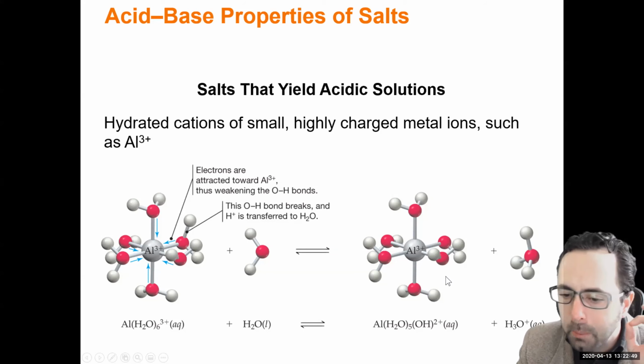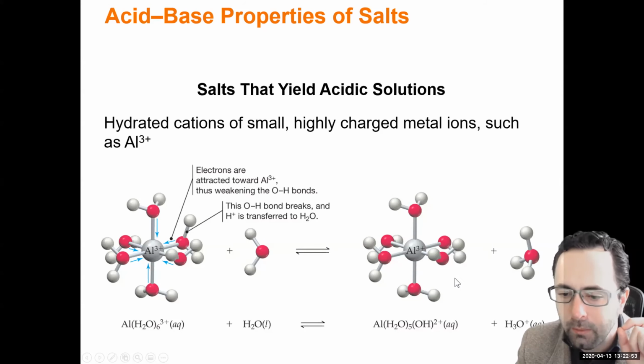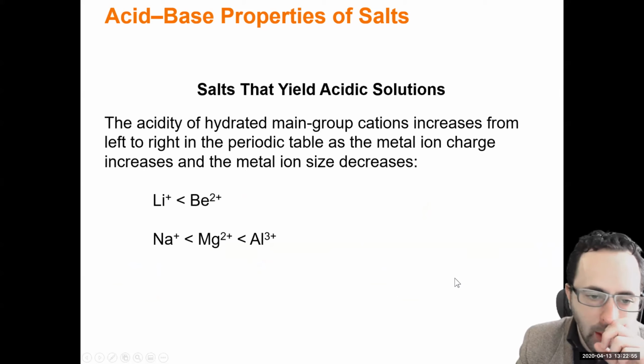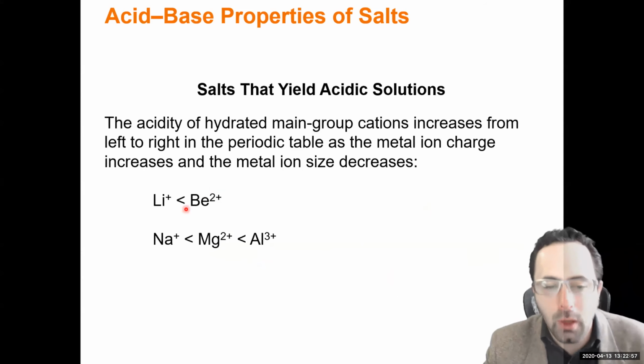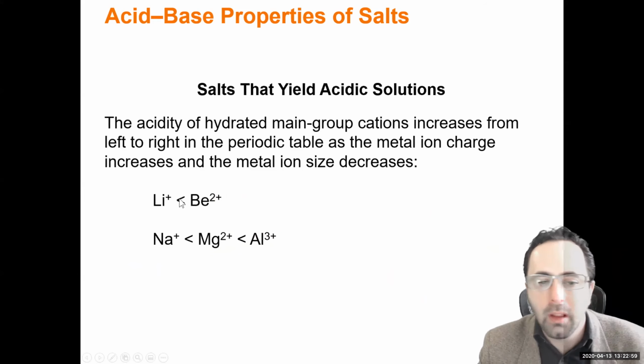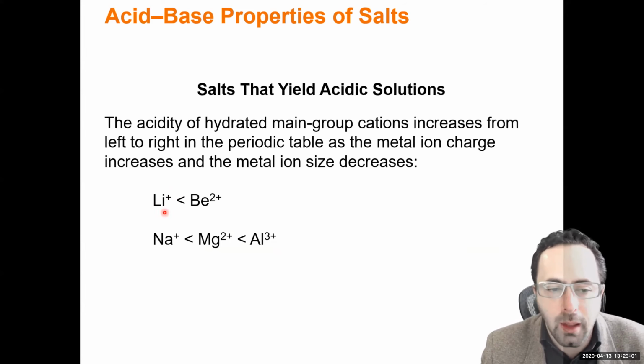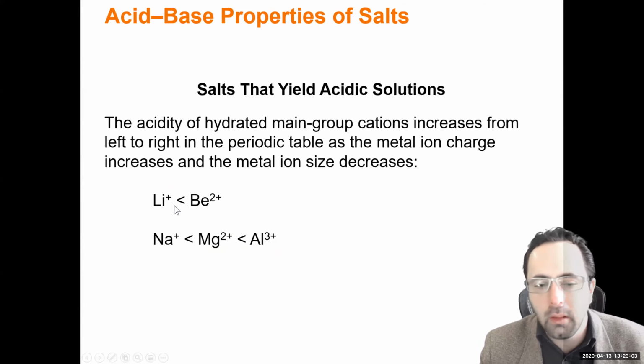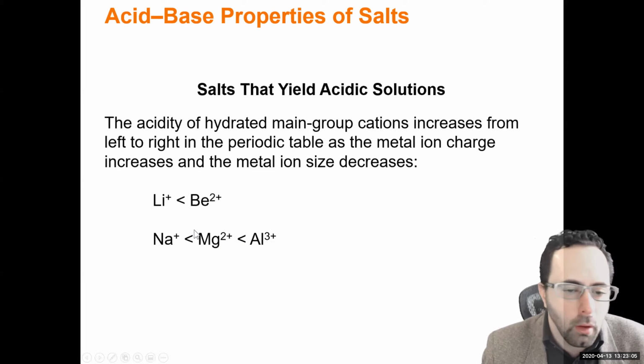This only happens for small, highly charged metal cations. The best examples would be beryllium and aluminum. So lithium, for example, which is right next to beryllium on the periodic table, is not acidic at all. Also, sodium and magnesium, not acidic.